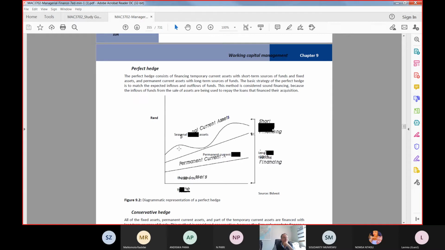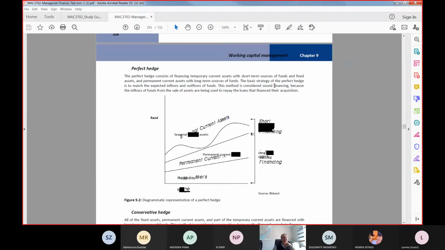So this short term here, you are transferring it to your current as it's increasing from period to period, with short term assets and fixed assets as well. So fixed assets also come from there, by the way, but as long as the line is always above. The basic strategy of the perfect hedging is to match the expected inflow and outflow of funds.